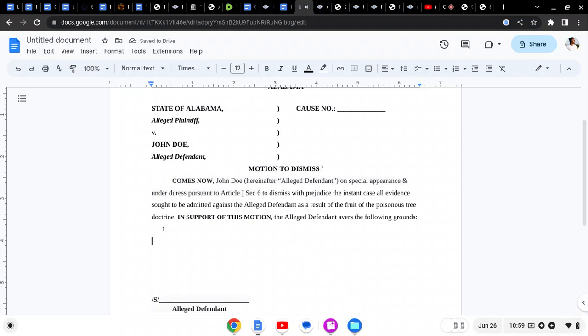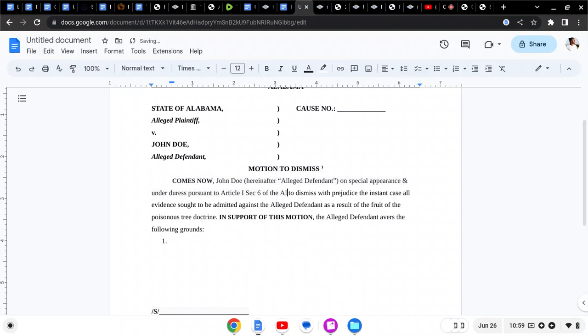Pursuant to Article 1, Section 6, 1901, to dismiss with prejudice the instant case.